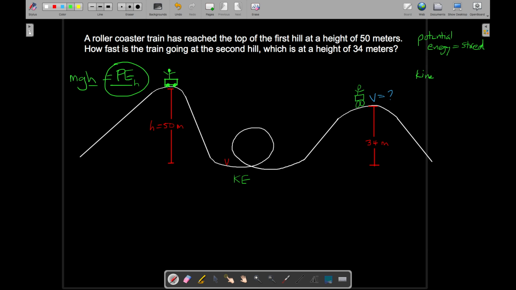So let me write that down really quick. Kinetic energy is energy in motion. So if you're moving, you have what we call kinetic energy.